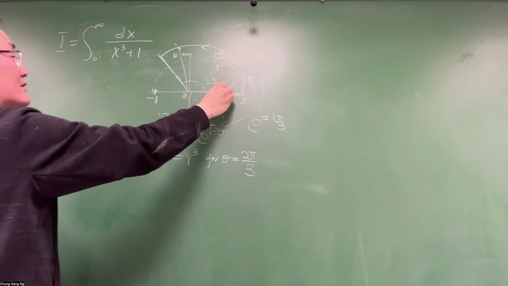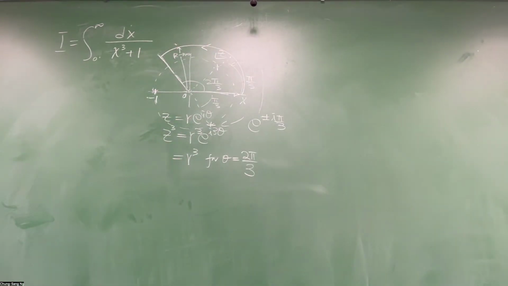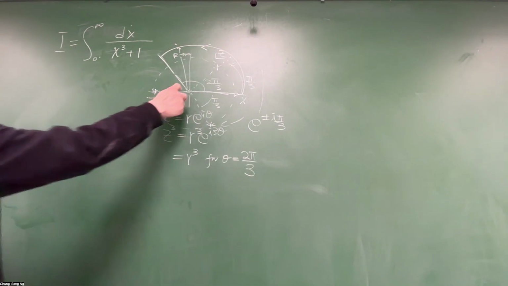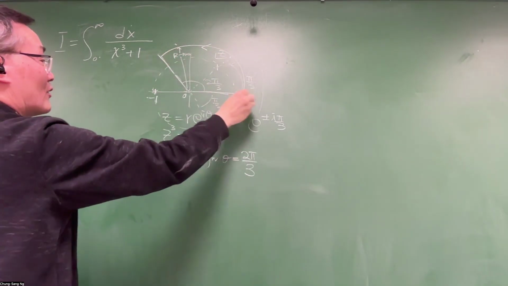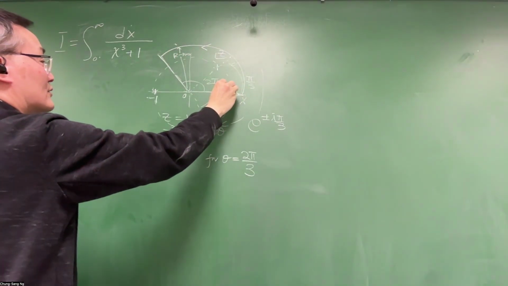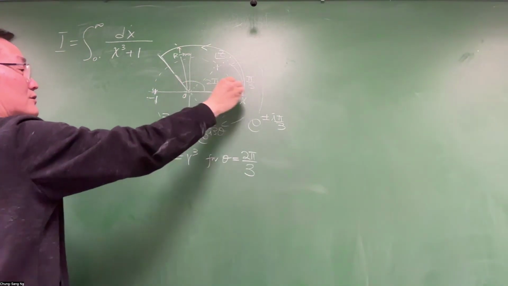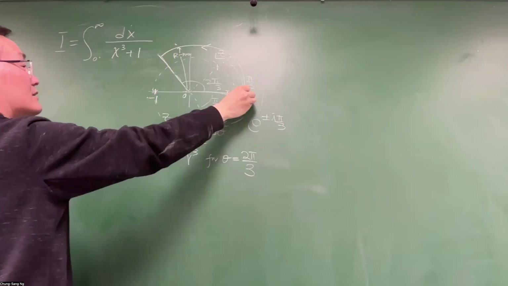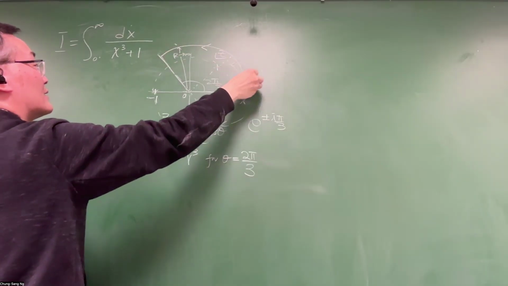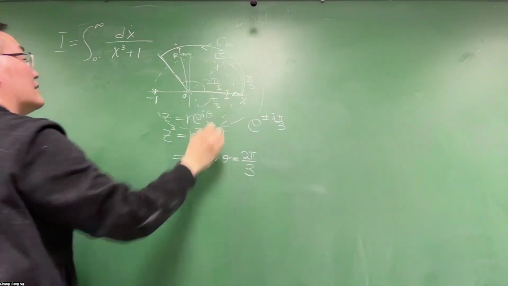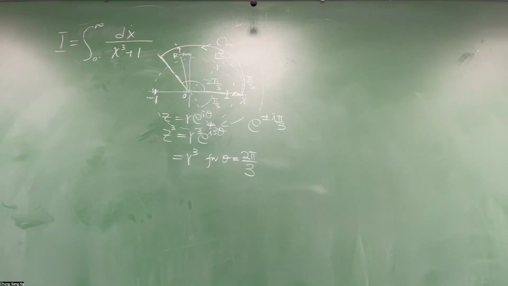And now this loop will have the original one, which we call I, just this one. So 0 to infinity along the real axis, and then go to the large arc. It's not a semicircle.